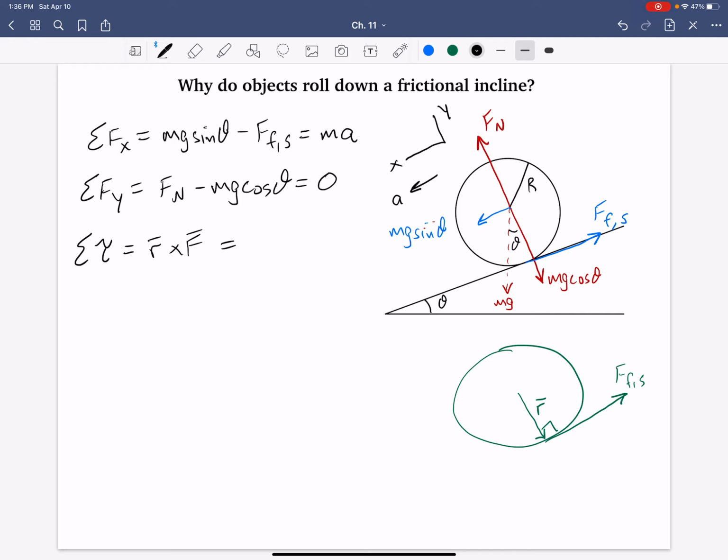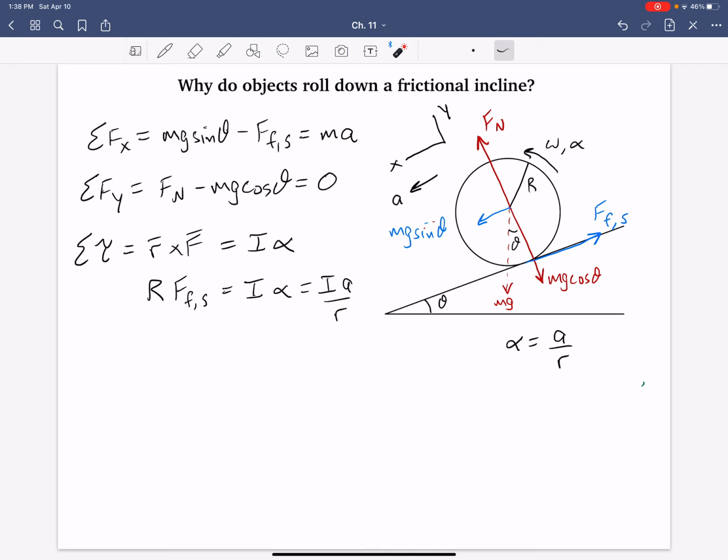Let me get some more room here. So remember that alpha is the linear acceleration over the radius. So this is simply I times A over R. Okay? And now we basically have two equations and two unknowns: the frictional force and A. So I'm going to solve the x equation for Fs, the frictional force, and plug that into the torque equation.